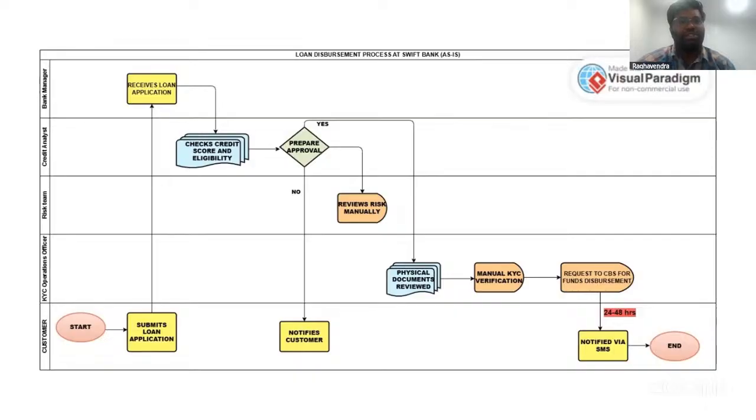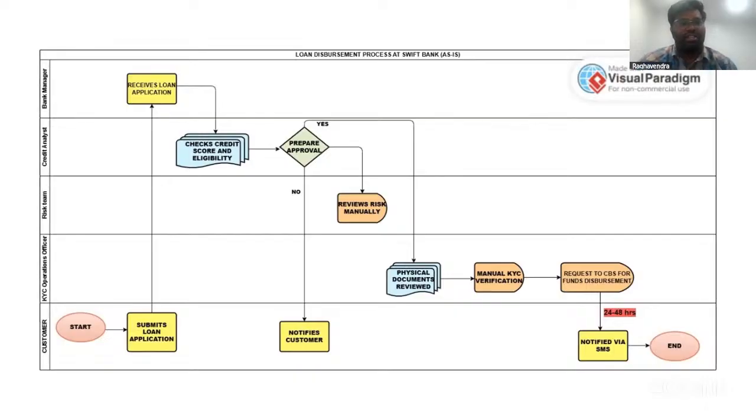It has to go through a lot of processes, and every process doesn't have an SLA at this moment, because they are working on a physical document system. So once the branch manager receives the application, he transfers it to the credit analyst team, where his credit and eligibility is checked.